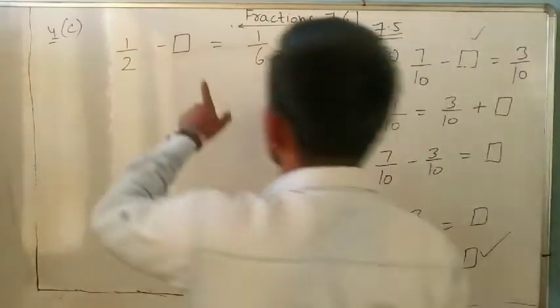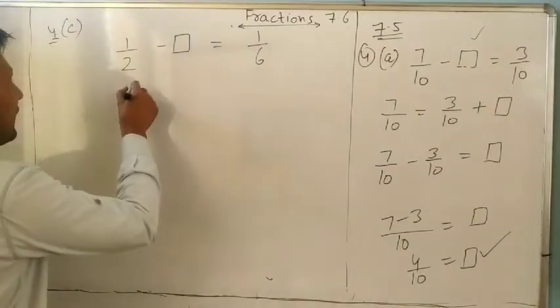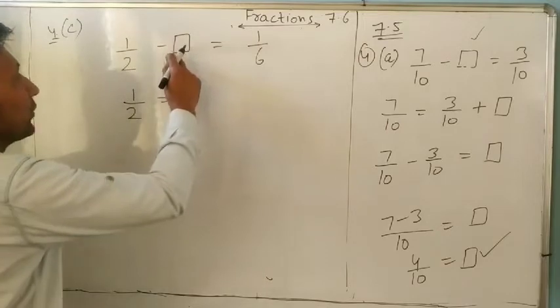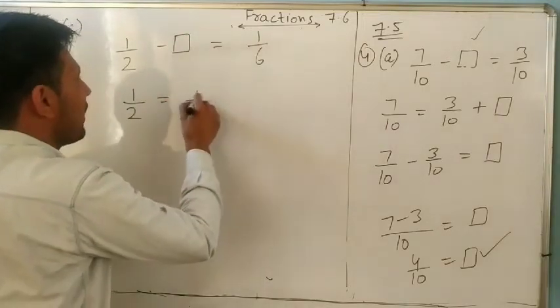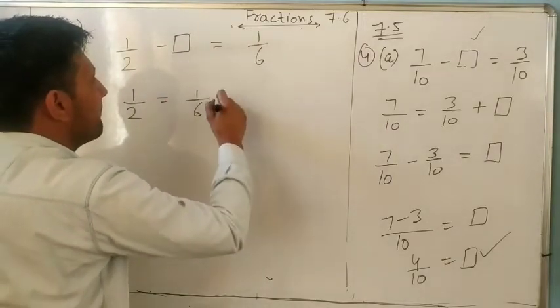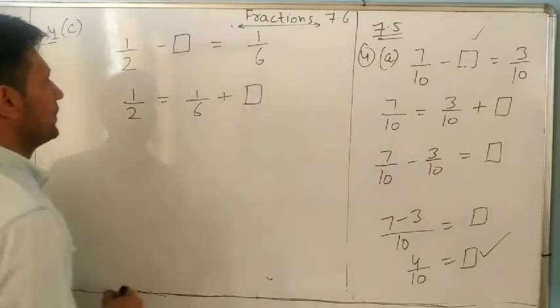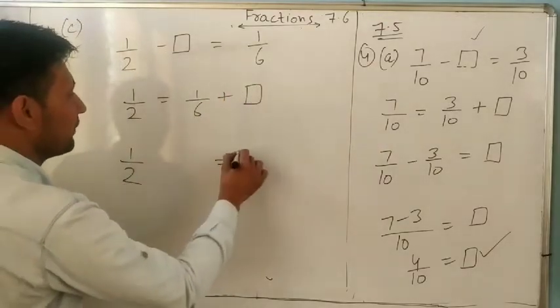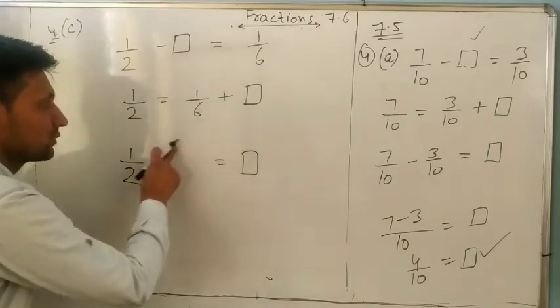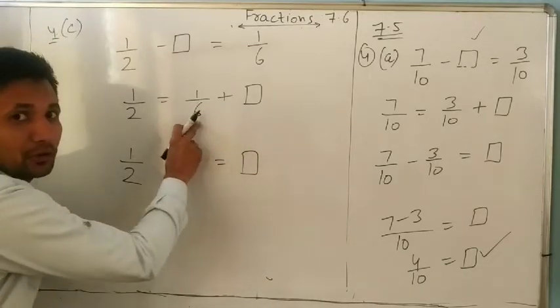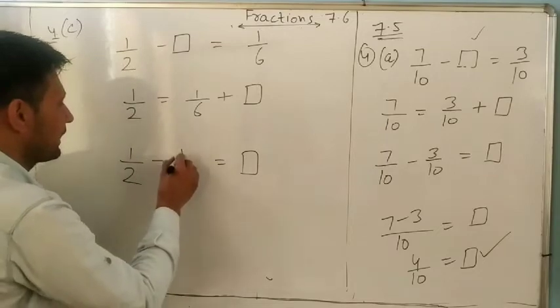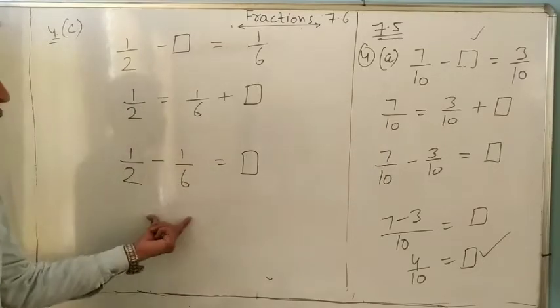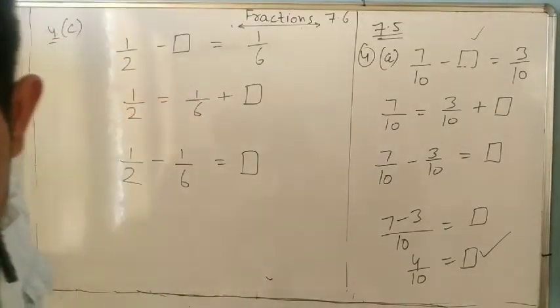We observe again that the fill in the blank is negative, so we will change the position, and on the other side it becomes positive. Now 1 upon 2, and we want to find the value of the fill in the blank. So we have to move this one. 1 by 6 is positive here, on the other side it becomes negative. Now you have to solve it yourself. Okay, it is your answer.